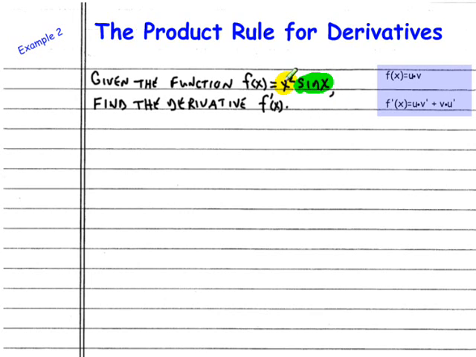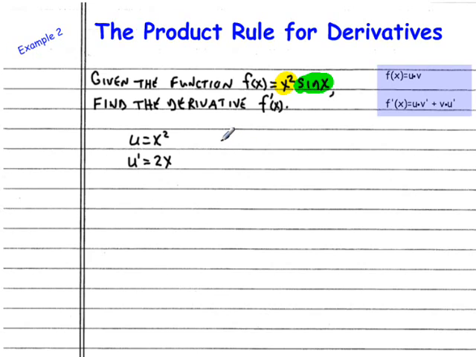So we're thinking u and v, or first function and second function. So if we approach this as we did a moment ago, we might label u as x squared. And then of course we know that we're going to need to calculate the derivative of u as we go further, so we'll go ahead and do that. And of course the derivative of x squared is 2x.